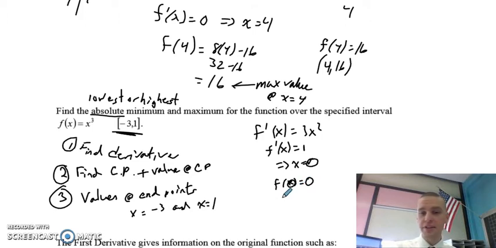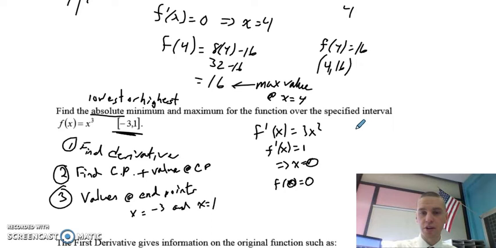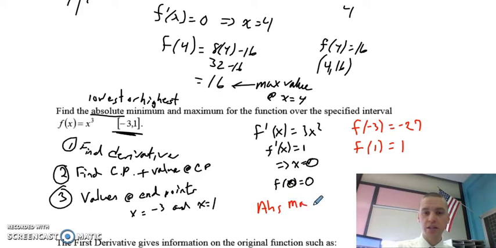You don't need to test whether it's a maximum or minimum because we are actually given an interval. So we also need to find f of -3, which equals -27, which is -3 cubed, and f of 1, which equals 1.